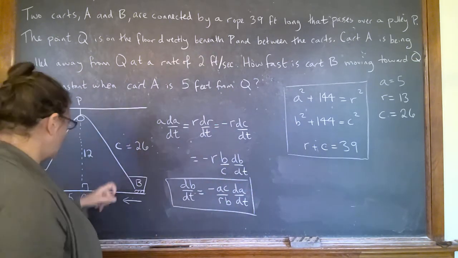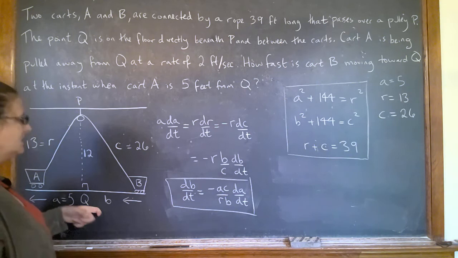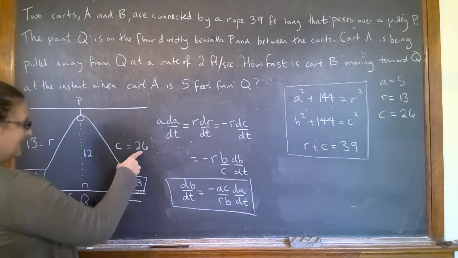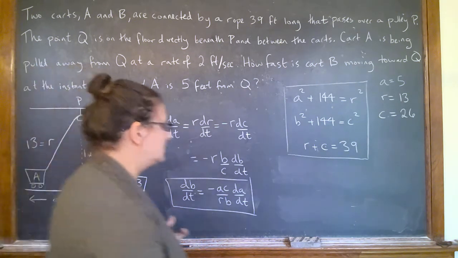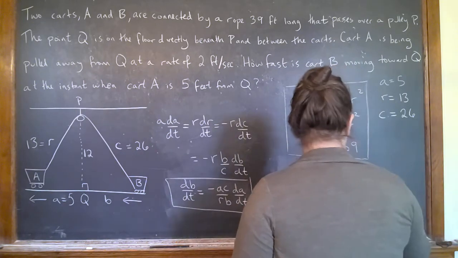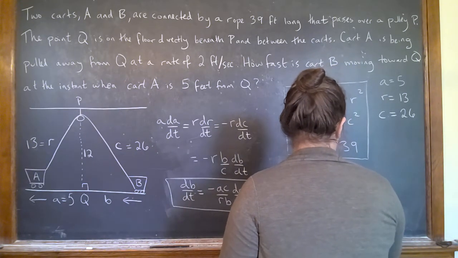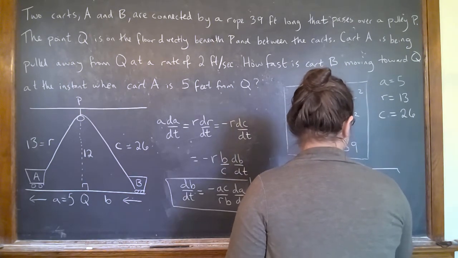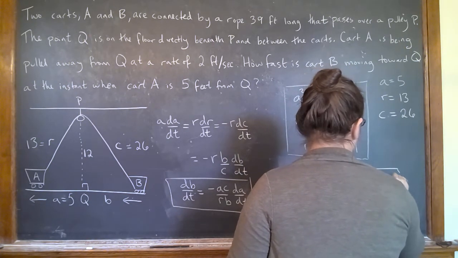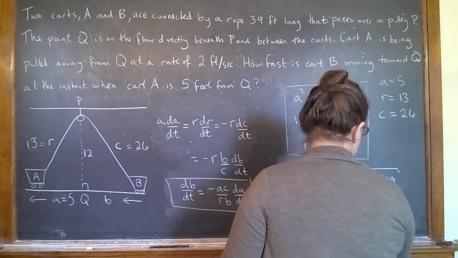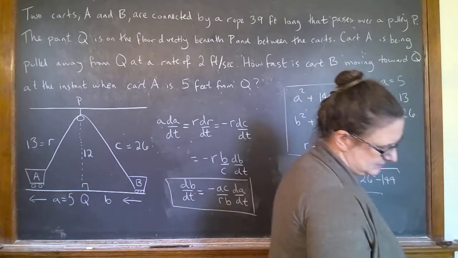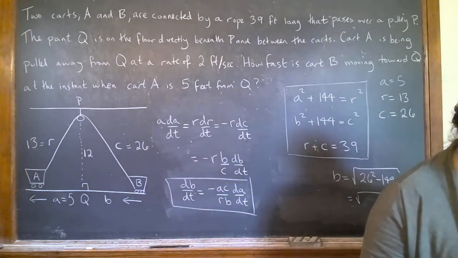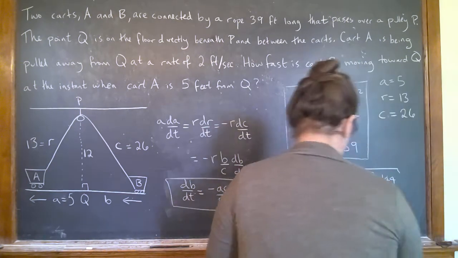And now I can go and figure out what B is, or it's not going to be 5, 12, 13, right? Because this one's 26. So it's going to be something not so nice. B is going to be the square root of 26 squared minus 144. I did this, 532.